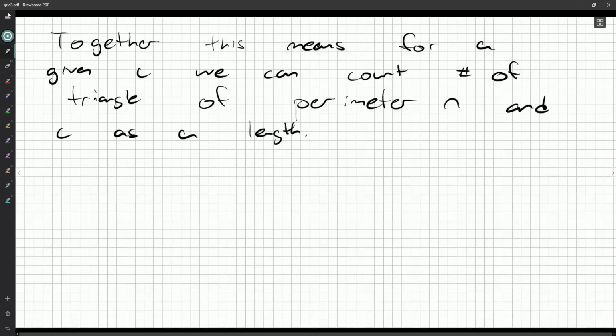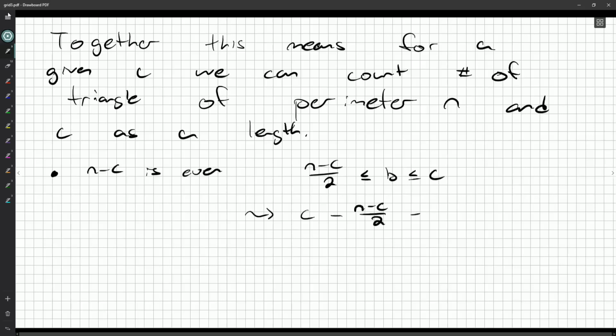Okay, and it would be, well, let's say if n minus c is even, then this is actually an integer. And that would be, so how do we count integers in a range, c minus n minus c over 2 plus 1?